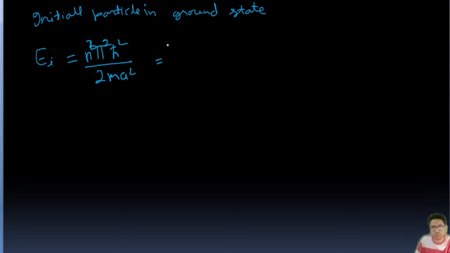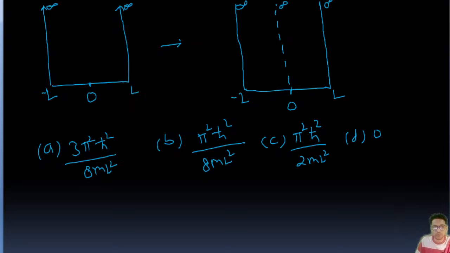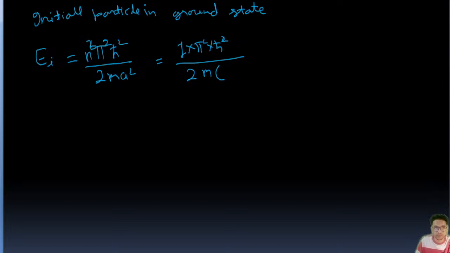Here n square is 1, and a is the width of the well, which is 2L, so it is 2L square. So it is going to be pi square h cut square upon 8 mL square. So this is the initial energy, when the wall is not raised.